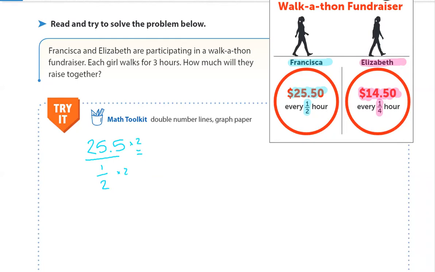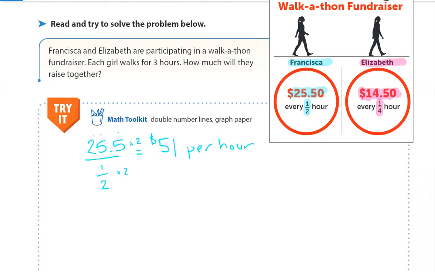So 25.5 times 2 is, see, 25 times 5 is 50. Double half is a 1, so this is 51. So Francisca is doing $51 per hour. That's her constant of proportionality. That's her unit rate, $51 per hour.